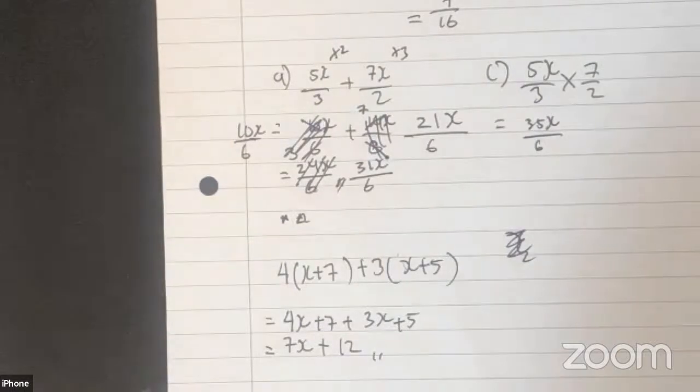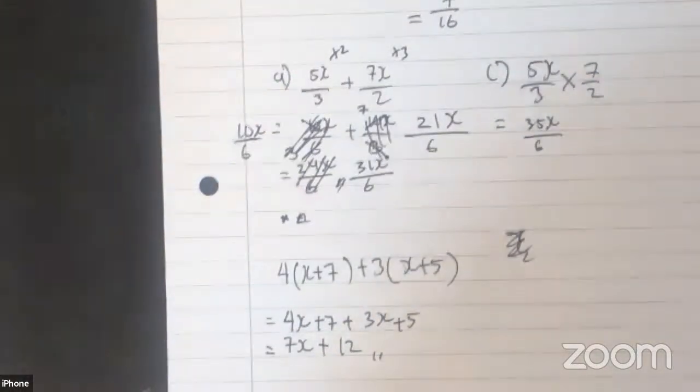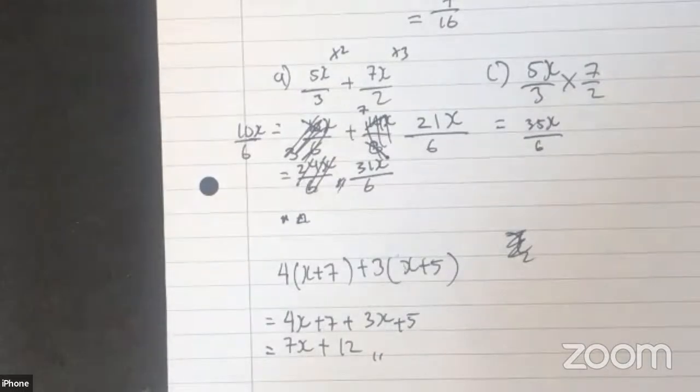Now, since we have 2 more minutes, I will hint you first, okay? Remember our discussion? This is 4 of this whole thing. This whole thing is x plus 7.